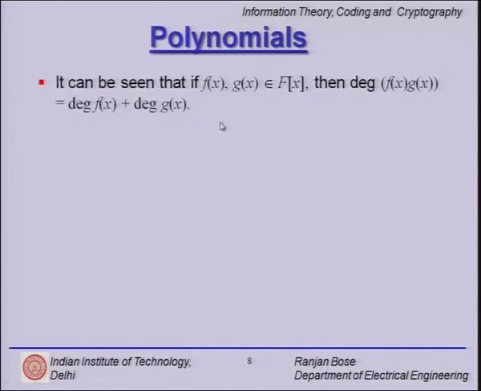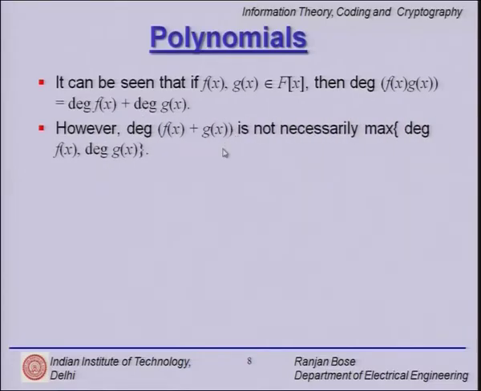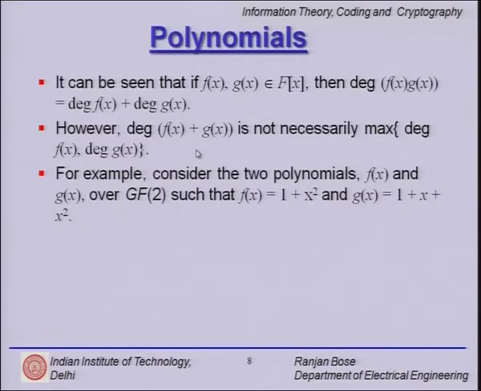So, look at some properties of the polynomials. Some of them we know and we use them without even realizing. If f of x and g of x are two polynomials contained in this set of polynomials F of x, then the degree of the product is the sum of the degrees. We know all of this, but please note that the degree of f(x) plus g(x), when you add them up, is not necessarily the maximum of the degree of f(x) and the degree of g(x), for a simple reason that if both of them are monic, then they will possibly cancel each other out.